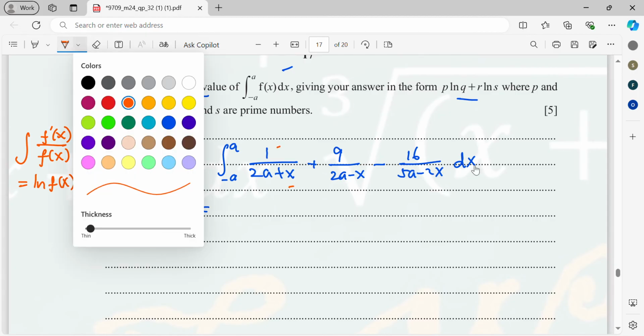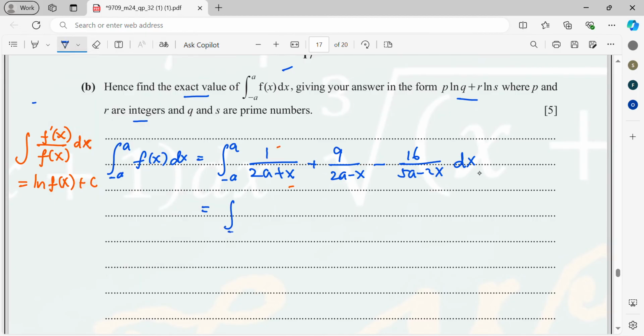Which means now here I will rewrite. I split it into three integrations. When I differentiate minus x, I should get minus 1. So here I will write plus integrate the 9 taken out over 2a minus x dx. It should be minus 1 here, so you times another minus 1 because it was plus.